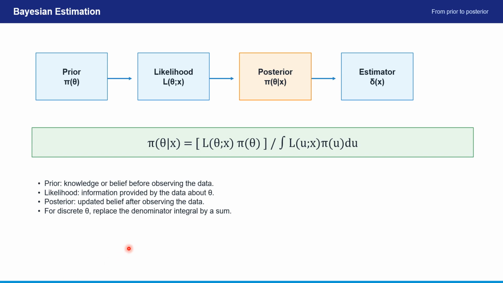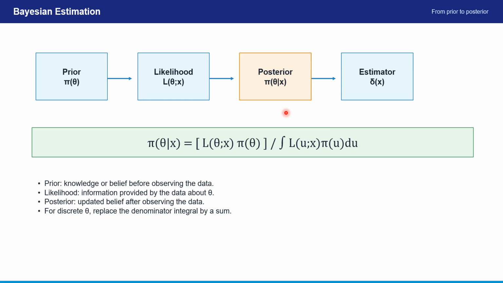Okay, in Bayesian estimation, the parameter theta is treated as uncertain. Before seeing the data, we describe our belief about theta using a prior distribution, pi of theta. The data provide information through the likelihood L of theta given x. After observing the data, we combine the prior and likelihood to get the posterior distribution.